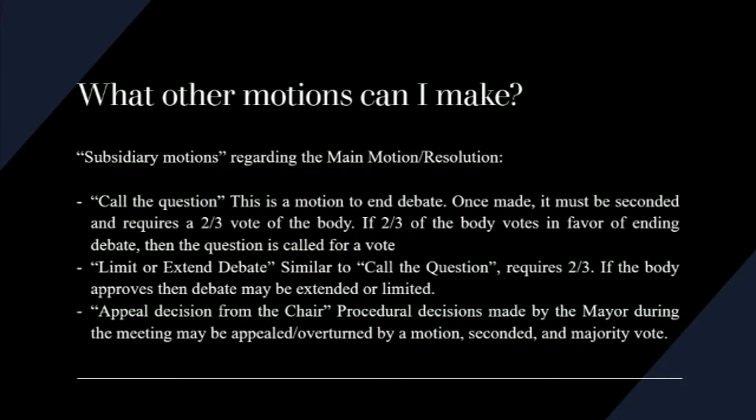You can go ahead and ask for the debate to be extended. Now, to extend the debate, if the mayor calls it, that would require what is called an appeal. You as the board can say, the mayor can say, I'm calling the question. You can say, no, I'm appealing it. The majority of you appeal the calling of the question. It dies. Then you can bring up, let's go ahead and extend debate or limit debate for a certain period of time. 2/3 vote on it, you move forward.